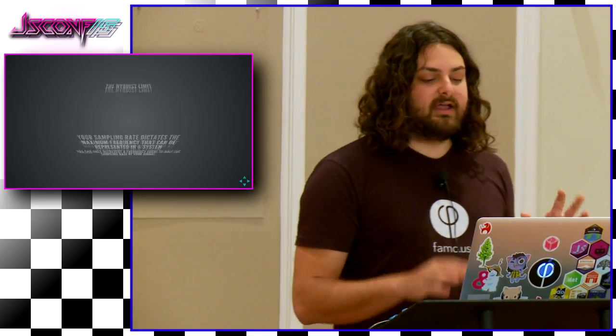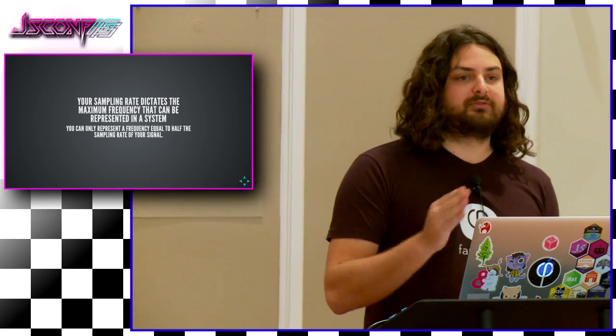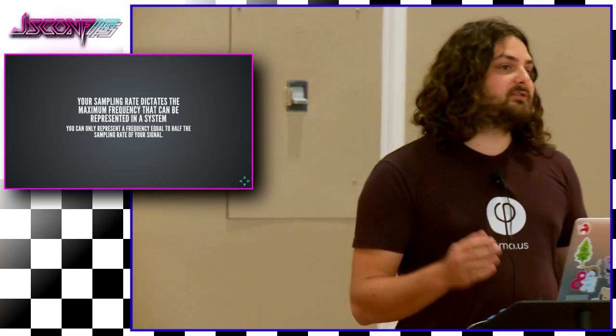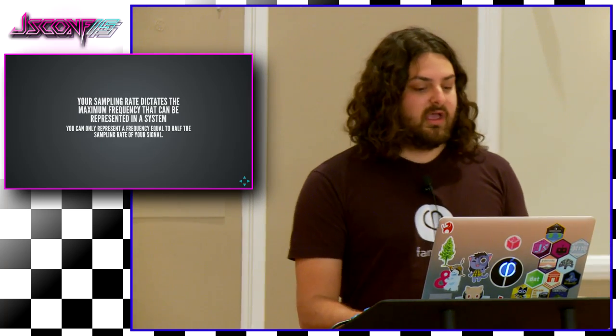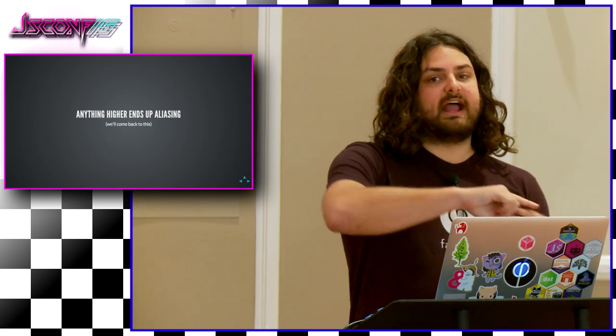The Nyquist limit simply states that the rate at which you sample a system will dictate the maximum frequency that can be represented in that system. So at 44,100, we can only represent frequencies up to 22,050 hertz, which sounds like kind of a random number. And anything higher than that actually gets aliased back around to the beginning.